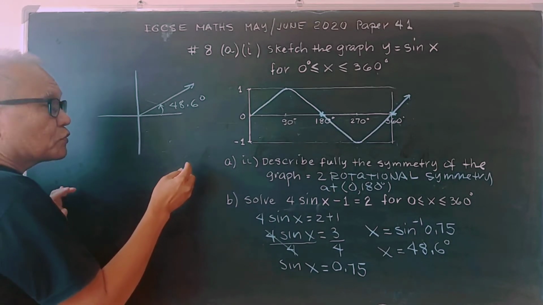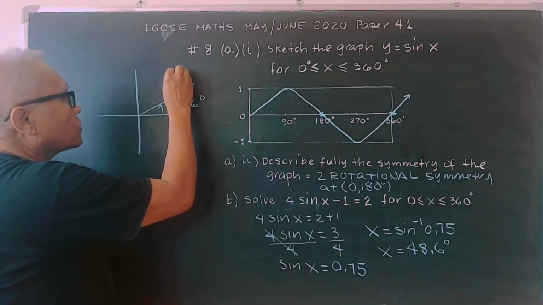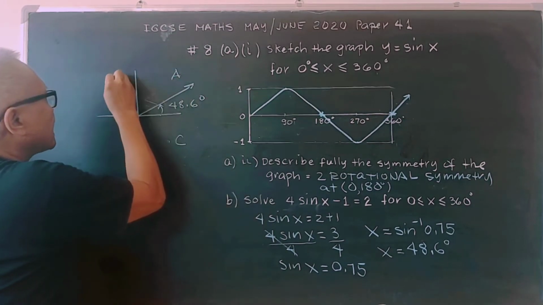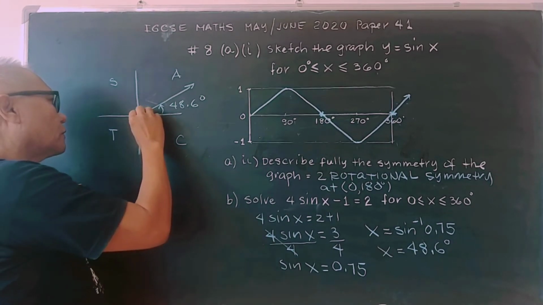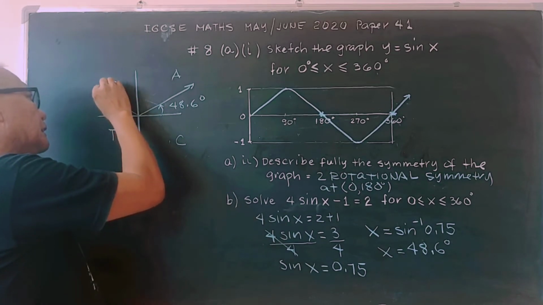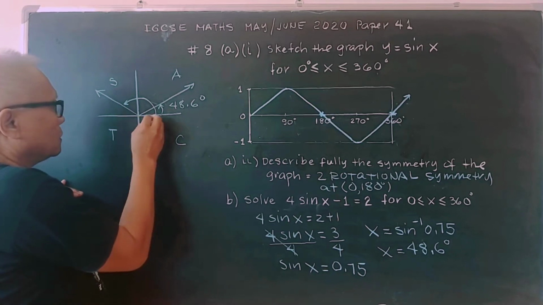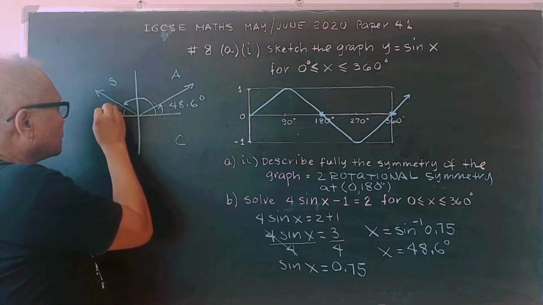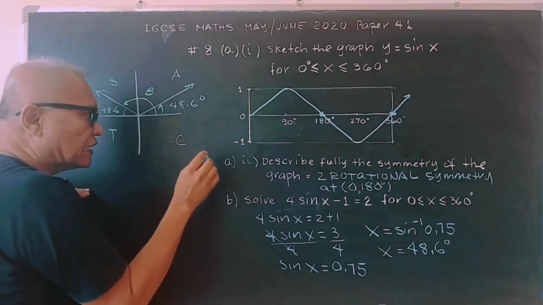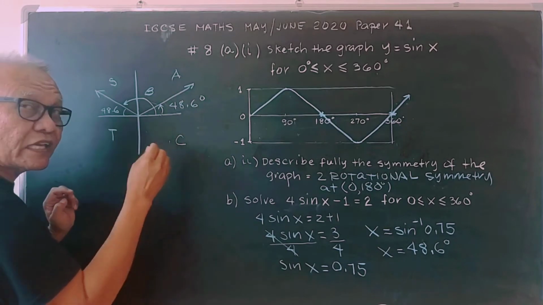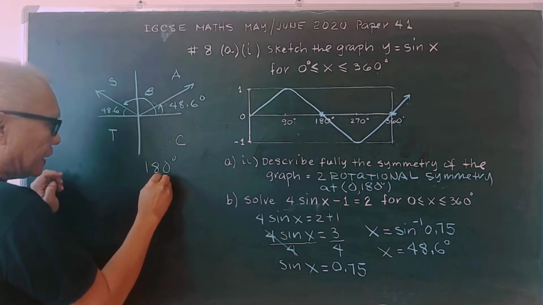Now, that is positive because we have cosine is positive here. All functions are positive here. Sine is positive here. Tangent is positive here. Therefore, we will get the angle here, the related angle. So if this is 48.6, this one is 48.6 also. To find this beta, which is the related angle of 48.6 in the second quadrant, we just subtract it from 180 degrees.